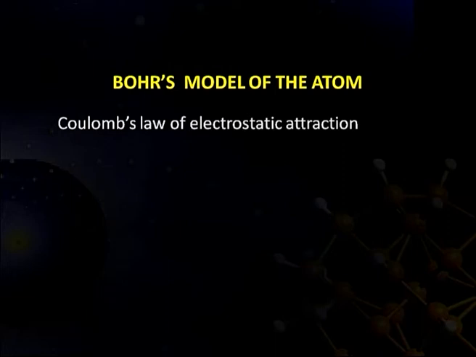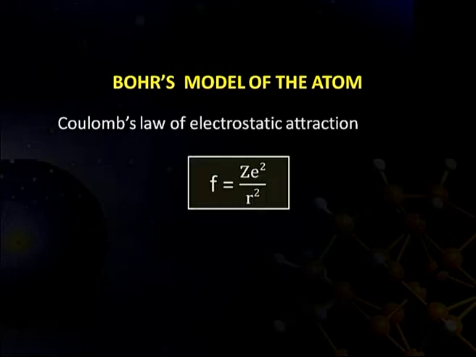In Bohr's model of the atom, the force of attraction F between the electron of mass m and charge e, and the proton of charge Ze, where Z is the atomic number and e is the charge of a proton, is given by Coulomb's law of electrostatic attraction, F = Ze² upon r².